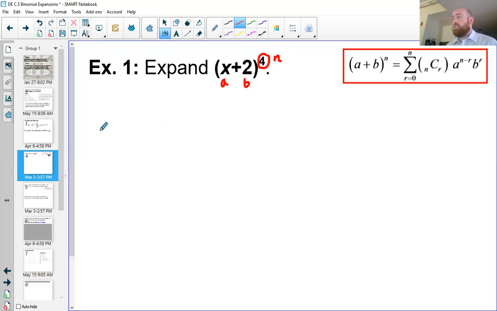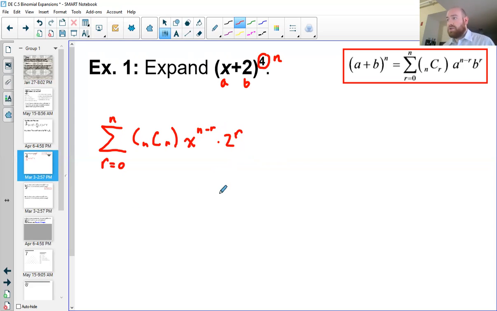So what our binomial theorem tells us is that this is equal to the sum of r equals 0 to n of n choose r times x to the power of n minus r times 2 to the power of r.